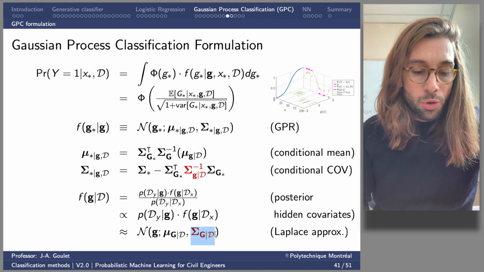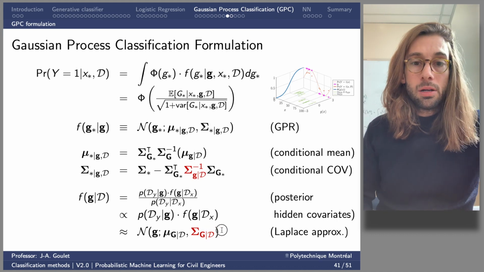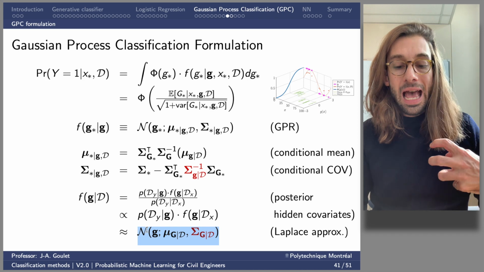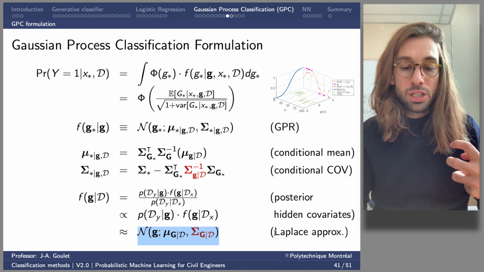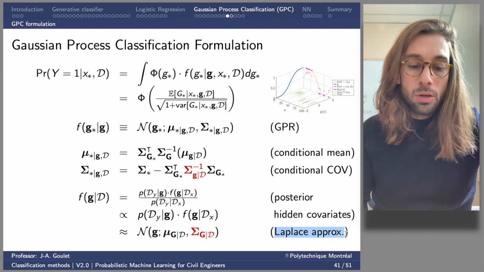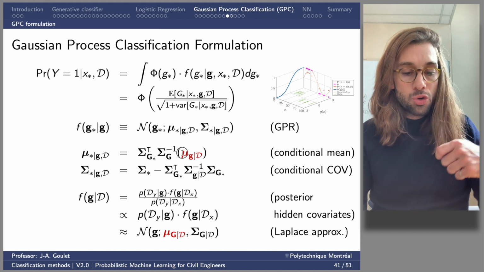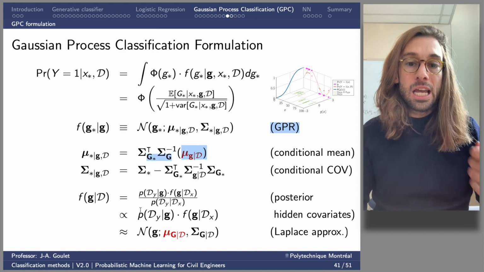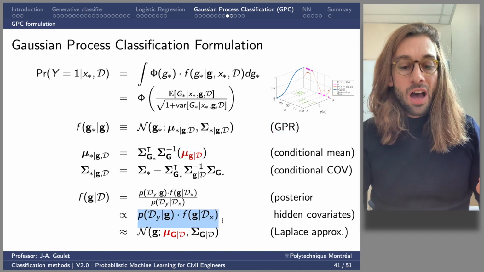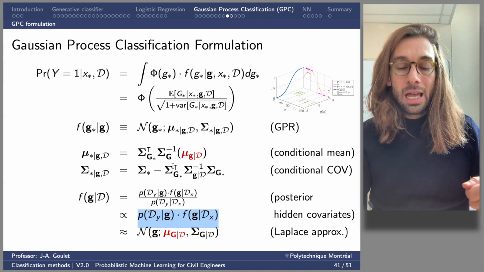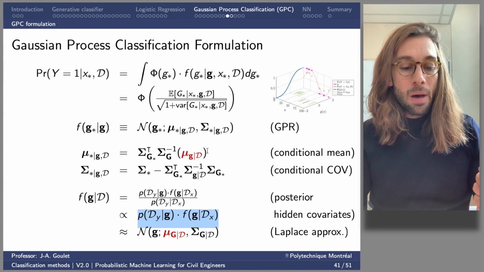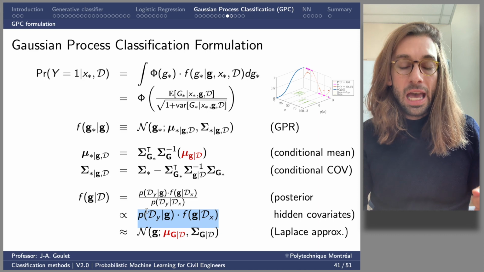And what we're going to do is approximate this posterior using what we've seen as the Laplace approximation. What does it mean? The expected value, we're going to find it by treating this as a maximization problem, okay? We're going to find the expected value that maximizes my probability of predicting the data.